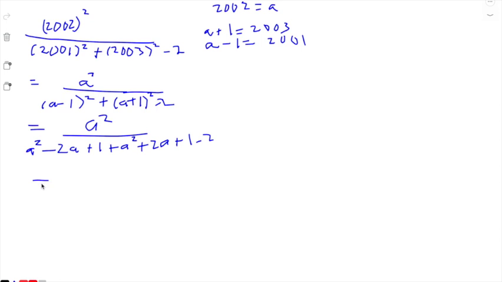After we do the cancelling out and simplifying in the denominator, we get a squared over 2a squared. We know that there is a 1 in front of the a squared, so we can cancel out the a squared, and we are left with a half, which is going to be the answer to this rather complicated problem.